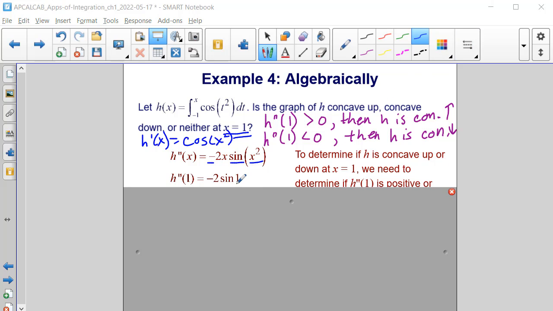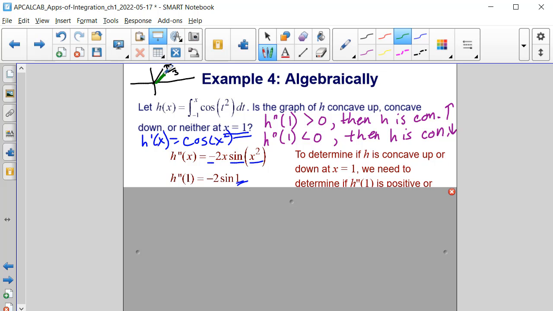Now, the sine of 1, what value is that? Well, if we think of the unit circle, that is going to be a point in quadrant 1. If we had this value at pi over 3, which is a little bit more than 1, then 1 is going to be a little less than that.